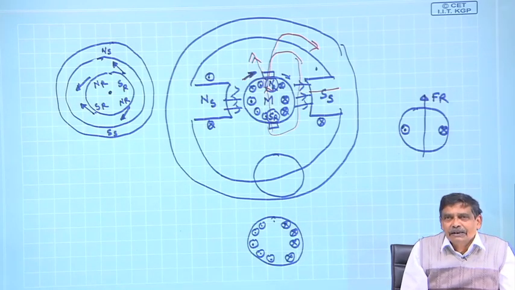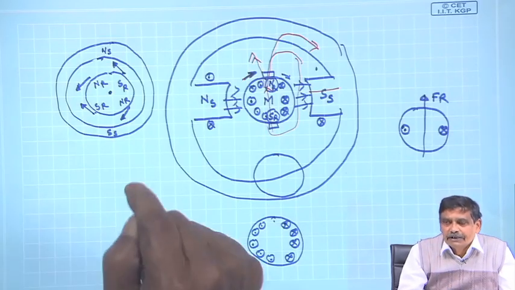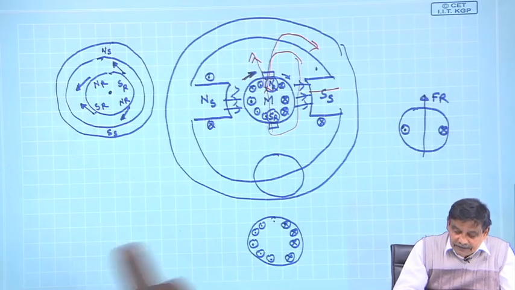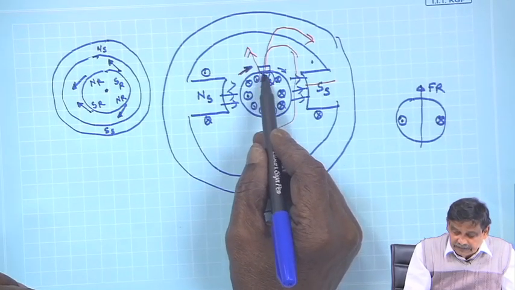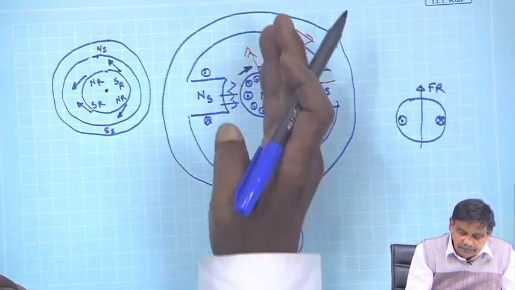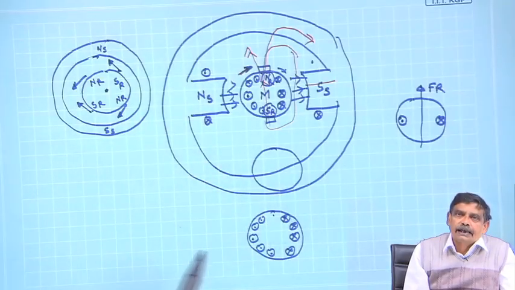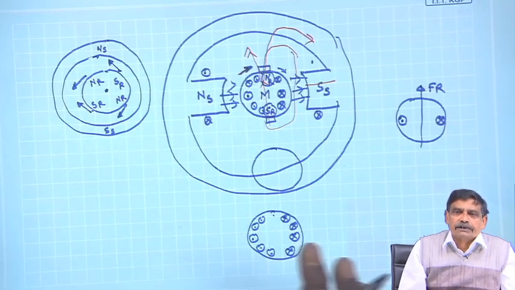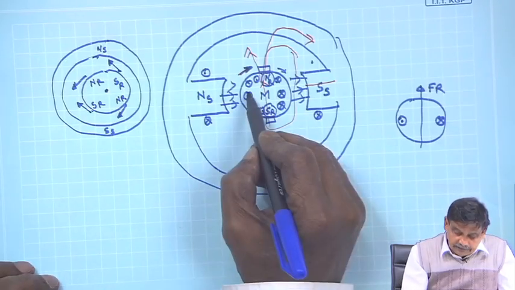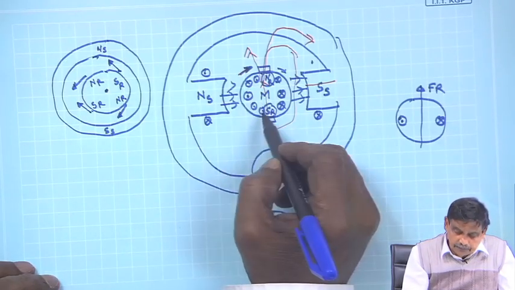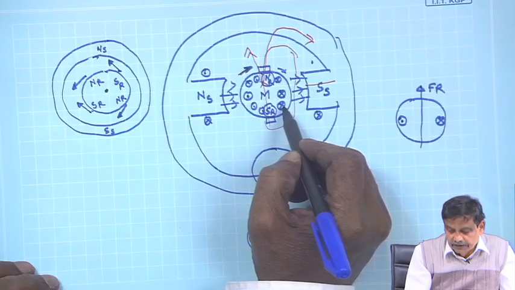In a DC machine, the design is such that, with the help of commutator segments and brushes, conductors on the left of this pair of brushes will always be carrying current in a particular direction. As time passes, the left-hand side will be filled by newer conductors which are crossing over.